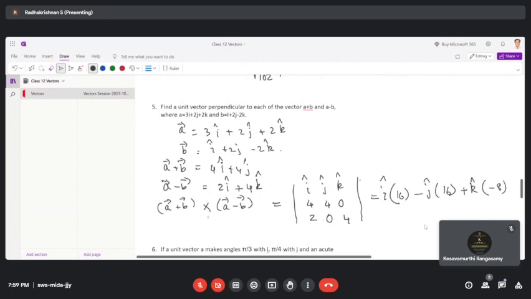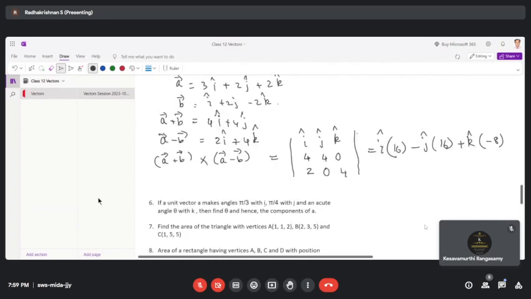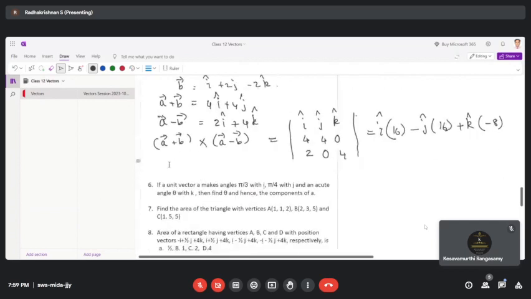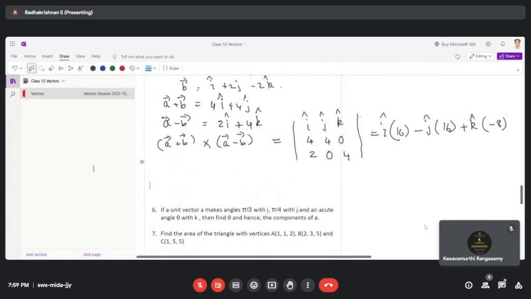Okay. That means this vector 16i minus 16j minus 8k is a vector perpendicular to a plus b and a minus b.